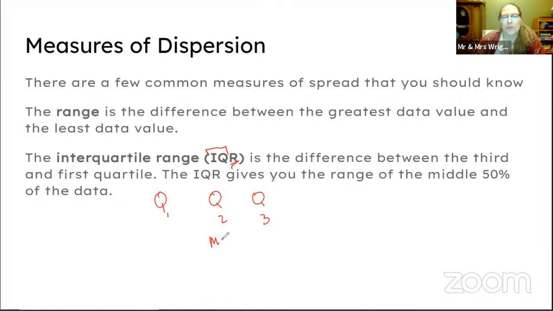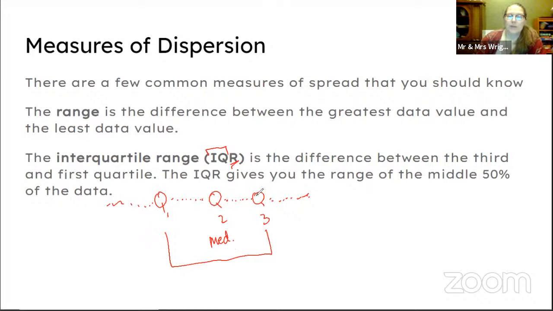The middle one is the median. And you've got data, data, data, data, data, quartile 1, data, data, data, data, quartile 2, data, data, data, data, quartile 3, and some data at the end. Interquartile range is this area right here in the middle. So they want to know what's the range between the third and the first quartile.